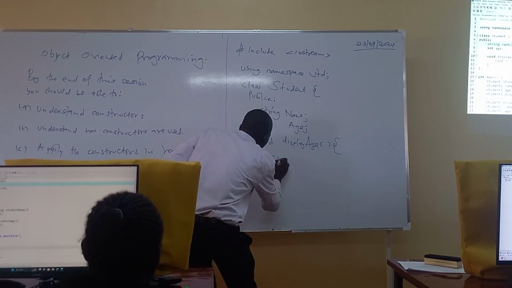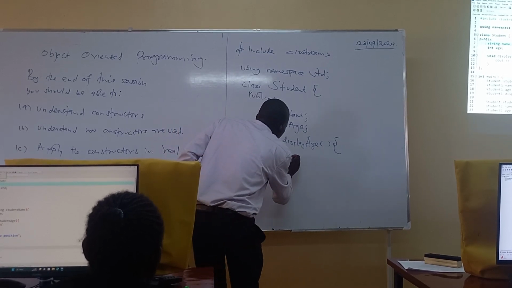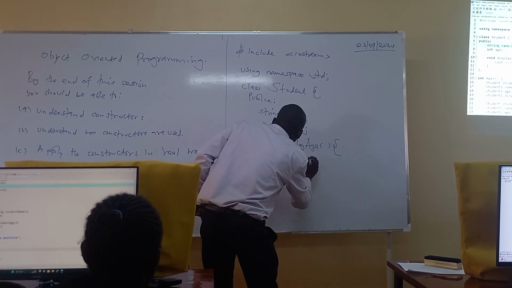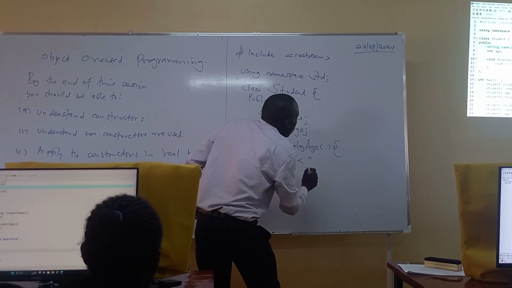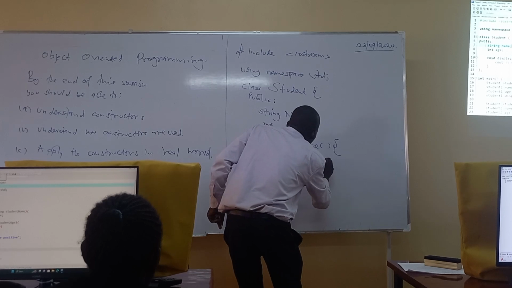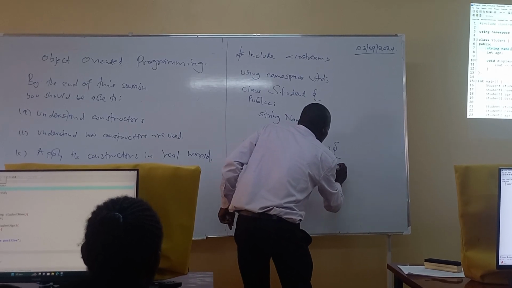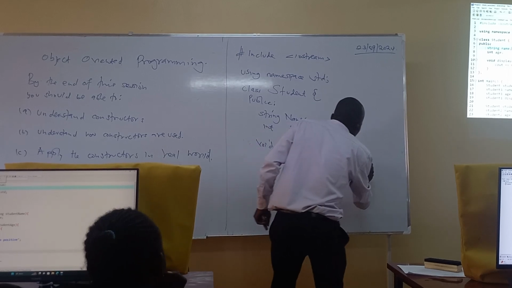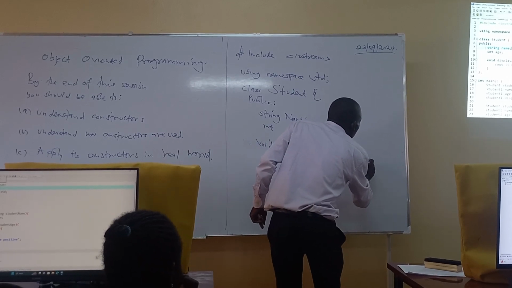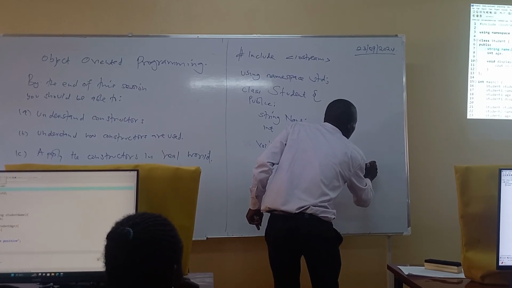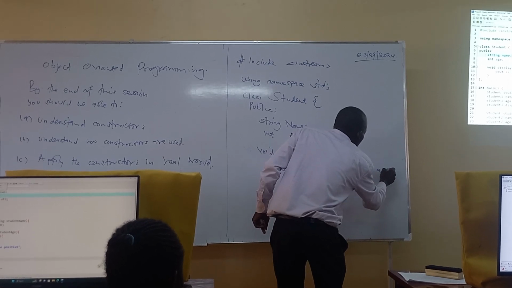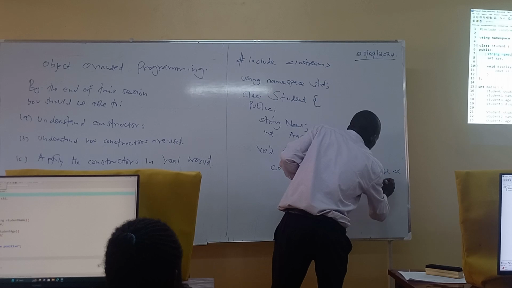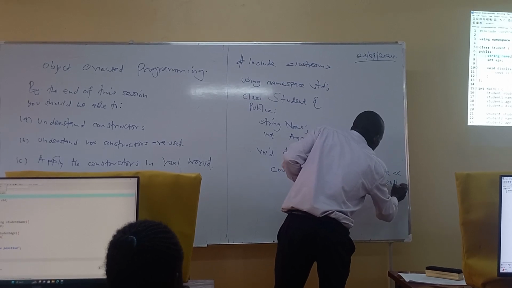So we use cout with an insertion operator, name, then is, age, and then endl.